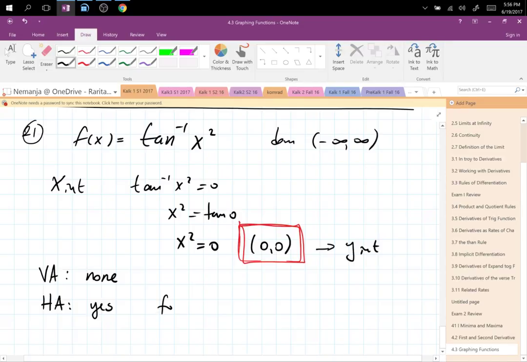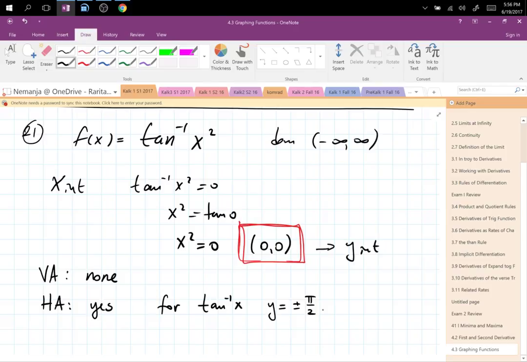For inverse tangent of x, we have asymptotes at y equals plus minus pi over 2. That should be common knowledge because you know the graph for inverse tangent. Because tangent x has vertical asymptotes at negative pi over 2 and positive pi over 2, the inverse tangent must have horizontal asymptotes at negative pi over 2 and positive pi over 2. So that's the logic.